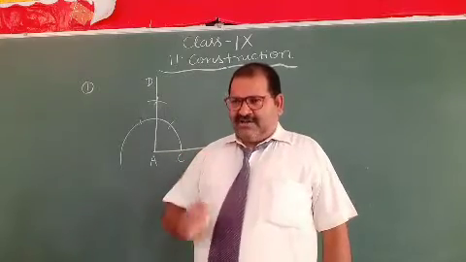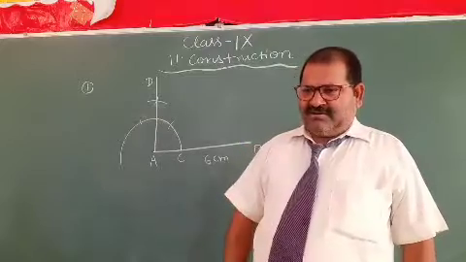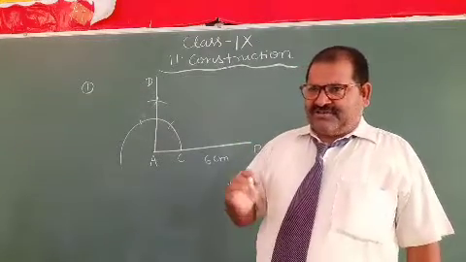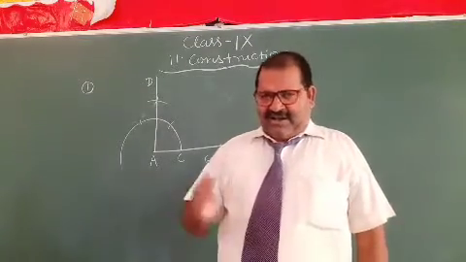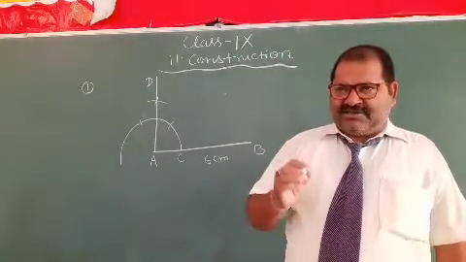Now you write the construction. Number 1, we first draw a line segment AB, 6 cm.